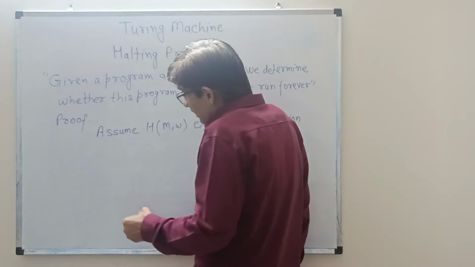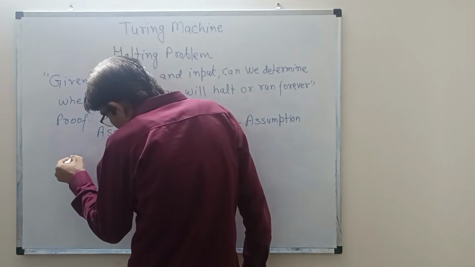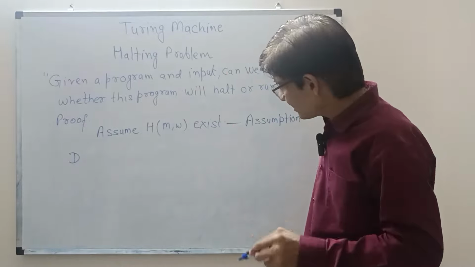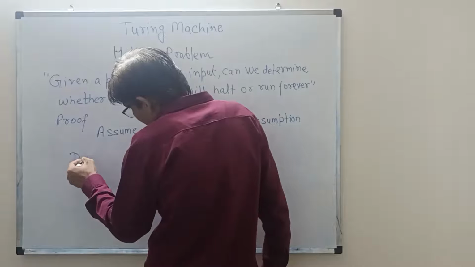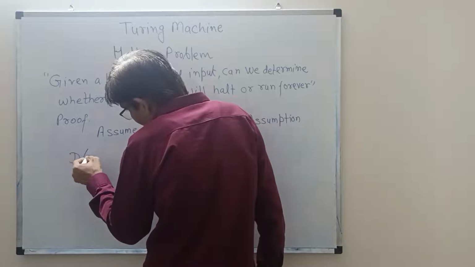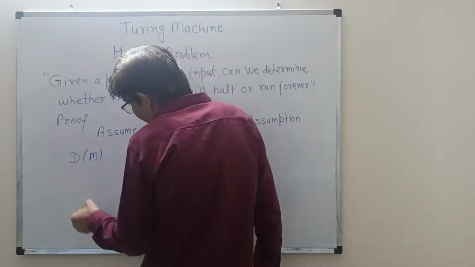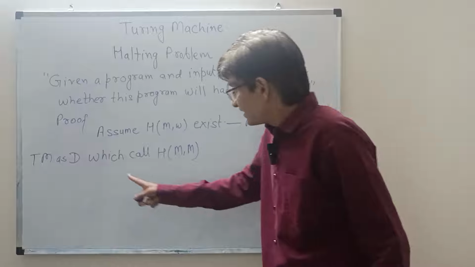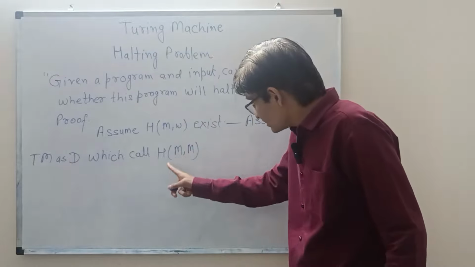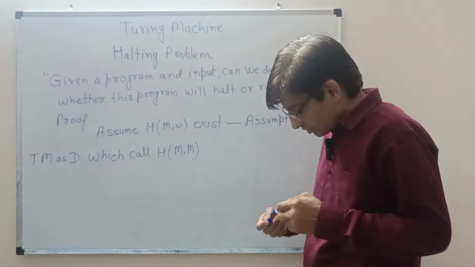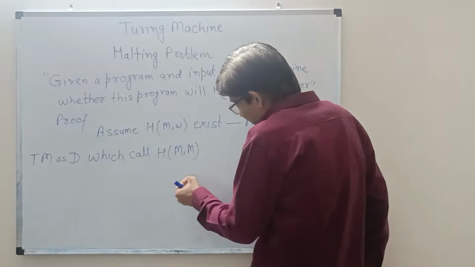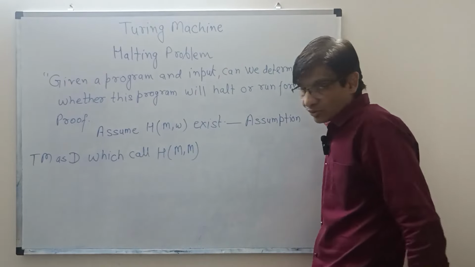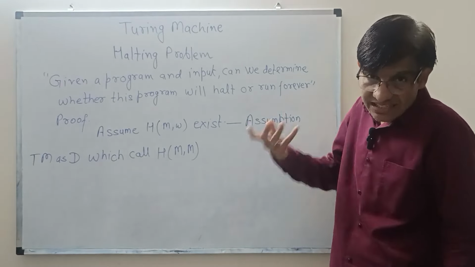Now let's define a Turing machine D, which calls this halting machine H for any machine M, calling H(M, M). This Turing machine D calls this particular halting assumption with M as an input, the machine itself as an input.